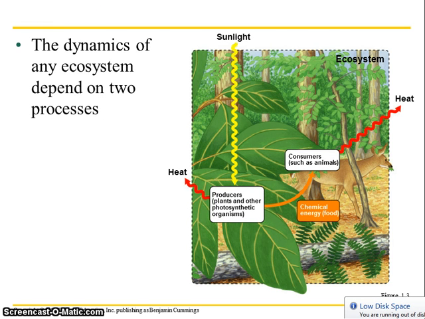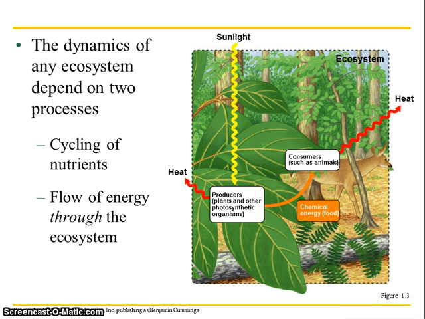Okay, so let's look at the two processes that are important for an ecosystem: cycling of nutrients and the flow of energy through. Energy flows through the ecosystem. Each level we go through, you're going to lose some of the energy as heat. So there's going to be less and less available. That's why each level of the food web or food chain you go up, you're going to see less and less of each type of animal.